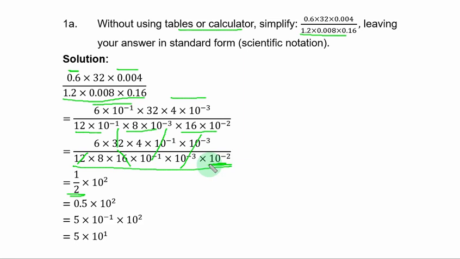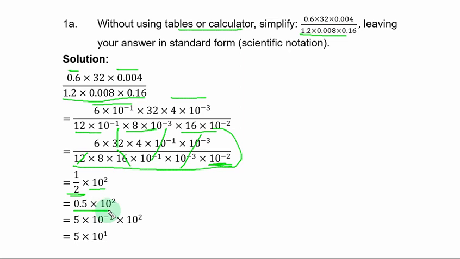If you take this 10 from denominator to numerator, the power changes to positive. So 1 over 2 is the same as 0.5 times 10 to the power of 2.